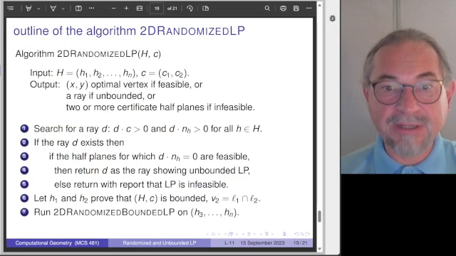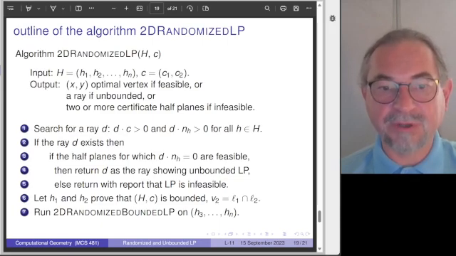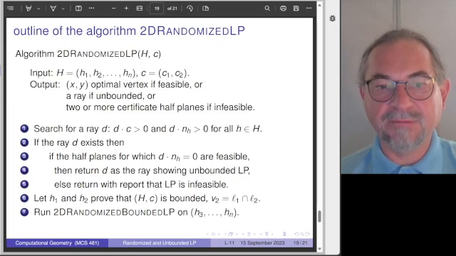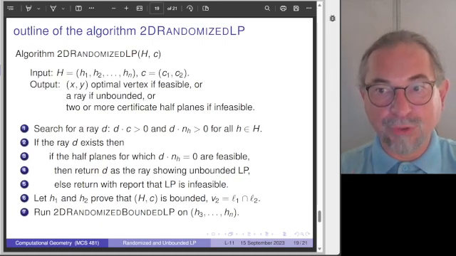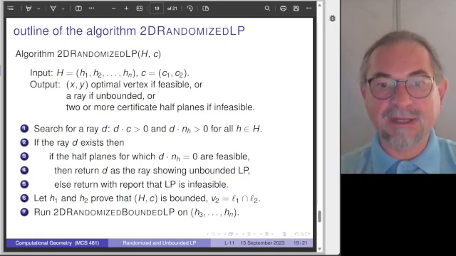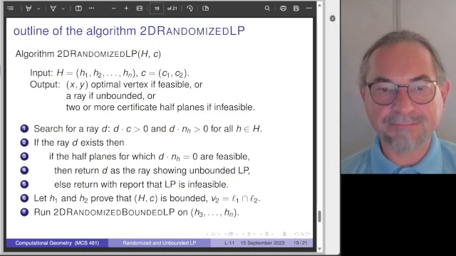Otherwise, if we have an infeasible problem, then we will also provide a certificate for the half planes that are infeasible. And that will come up as we run our incremental algorithm. At some point, if our polygon becomes empty, then we will indicate at which hyperplane this happened.